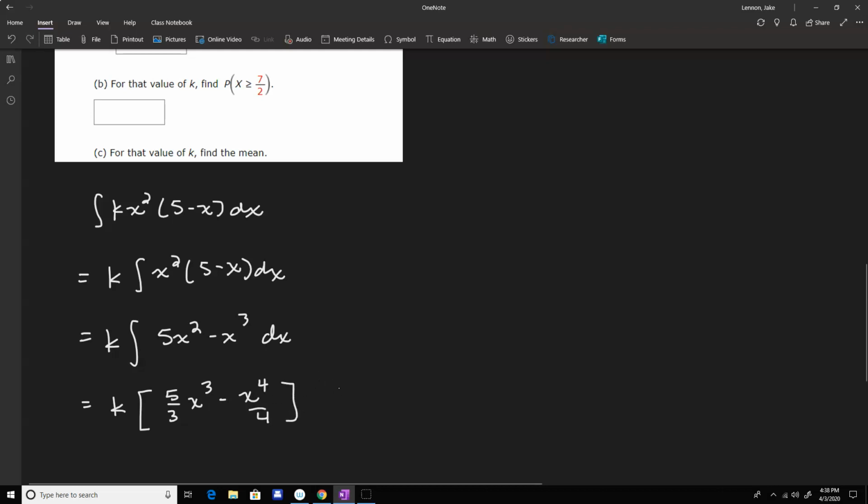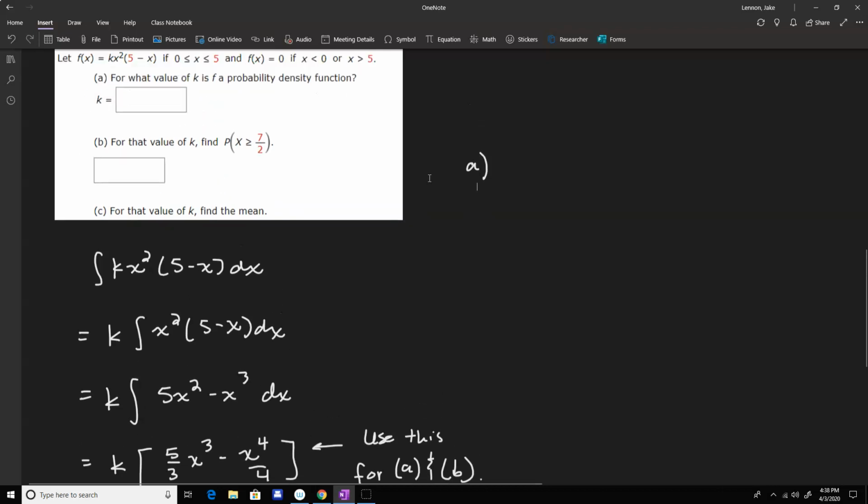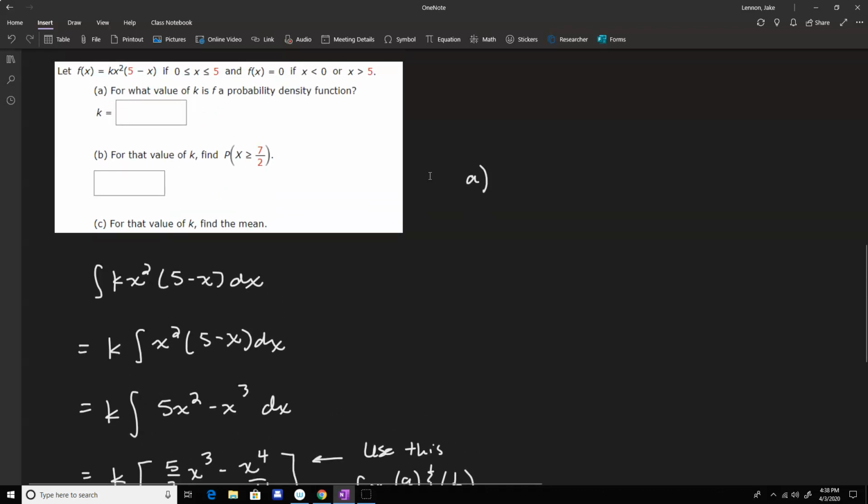So basically, again, we use this for A and B. So for A, basically what happens is the region that this function is defined on, the entire domain, is from 0 to 5.